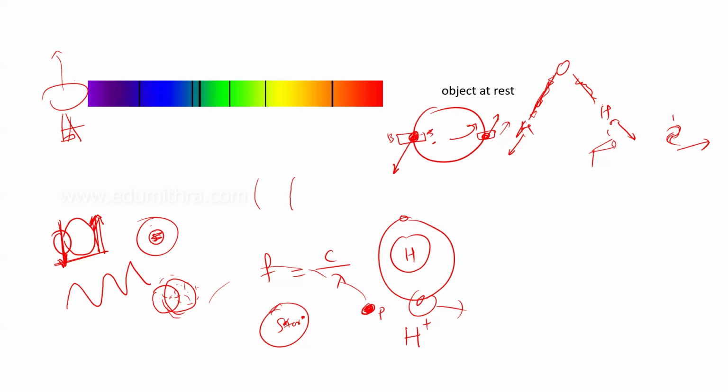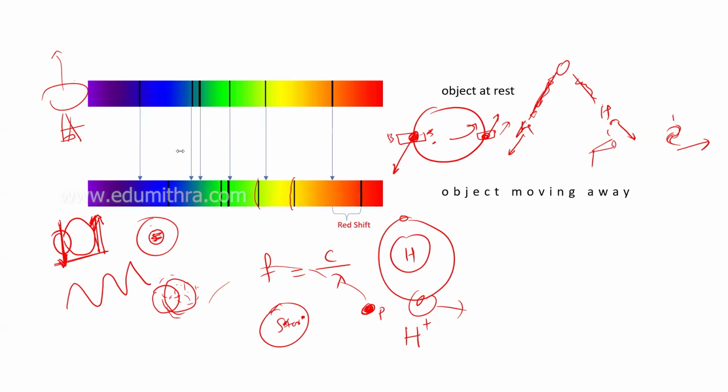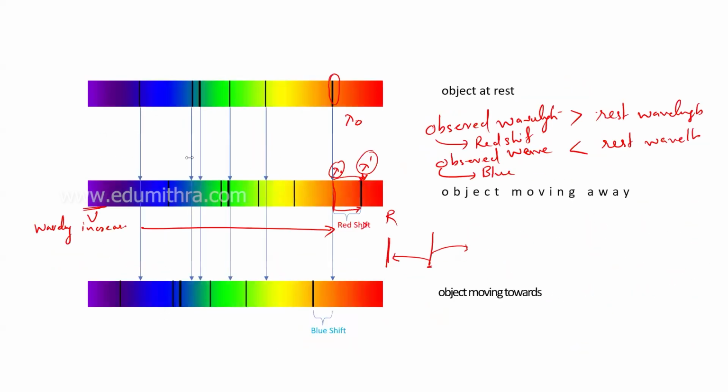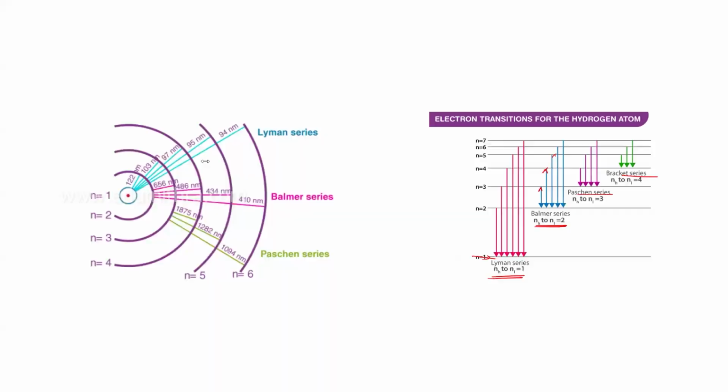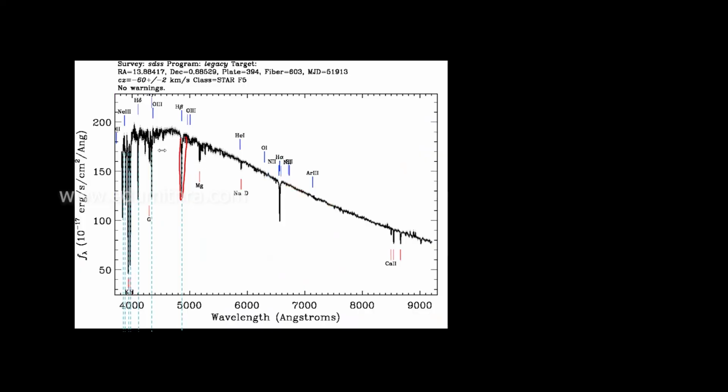But in astronomy, we already have the spectrum of all the popular or the most important elements. Just a second, I'll show you the actual spectrum. In this actual spectrum, you can see that we already know the hydrogen spectrum. So what we do is assume that this is one line from hydrogen.